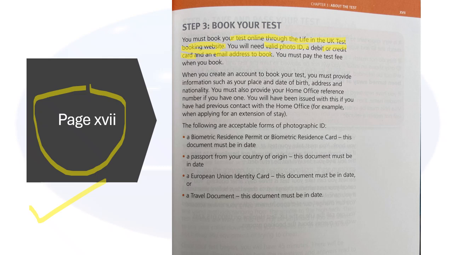When you create an account to book your test, you must provide information such as place and date of birth, address and nationality. So these are basic things. You must also provide your home office reference number if you have one. If you don't have one, that's fine. You will have been issued with one if you had previous contact.